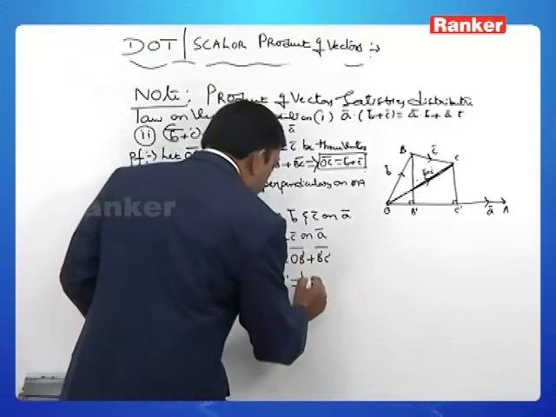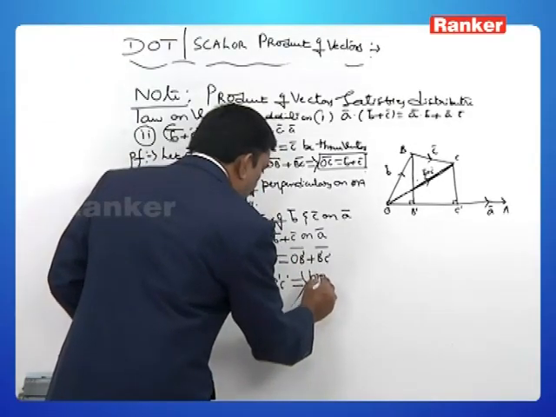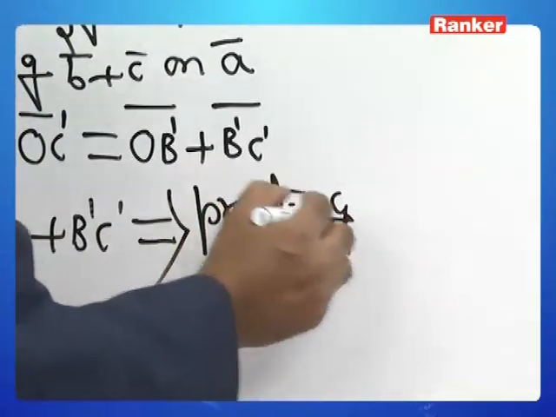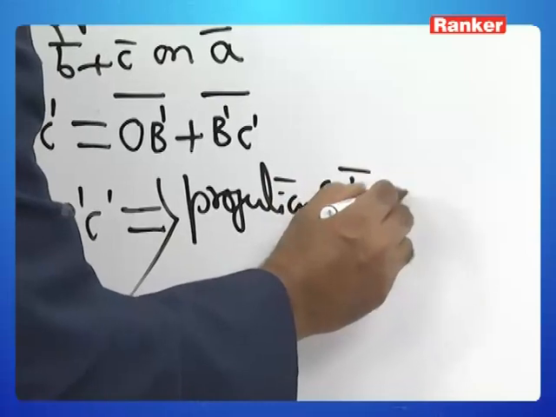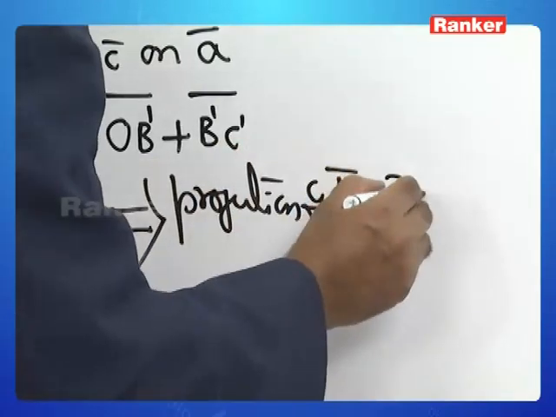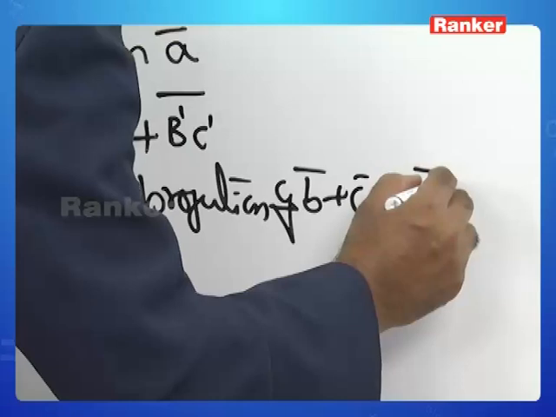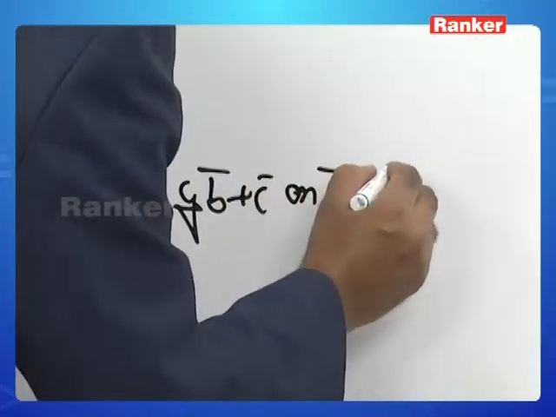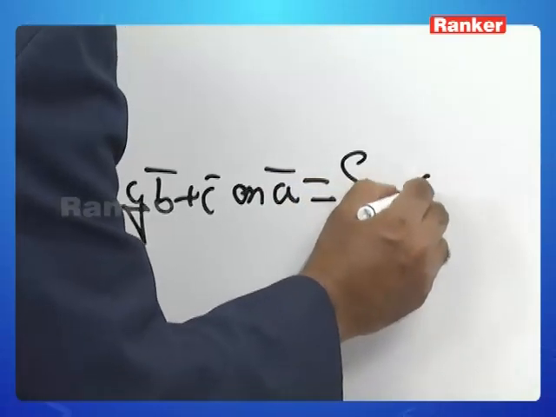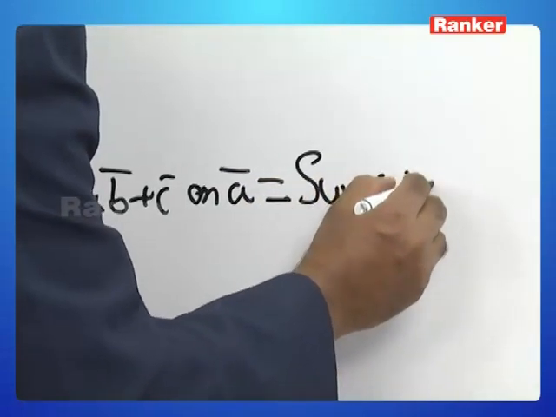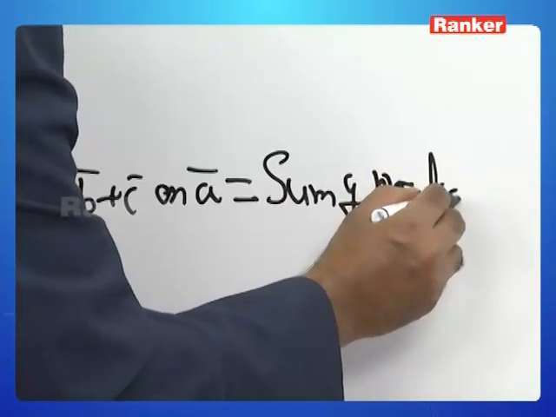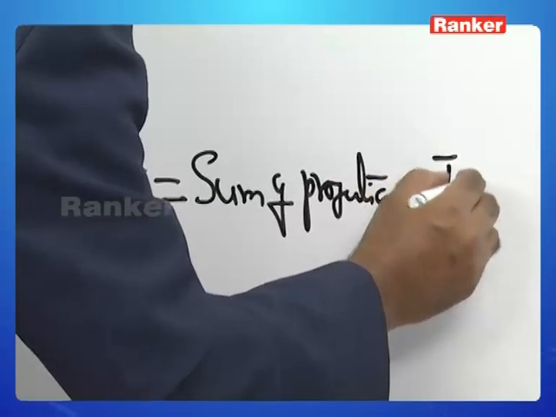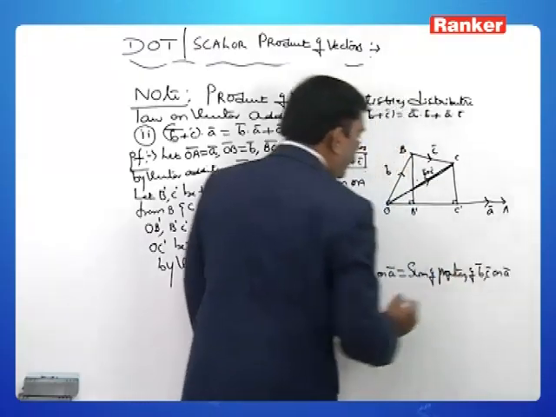Therefore, what I do is, projection of B bar plus C bar on A bar is equal to the sum of projections of B bar and C bar on A bar.